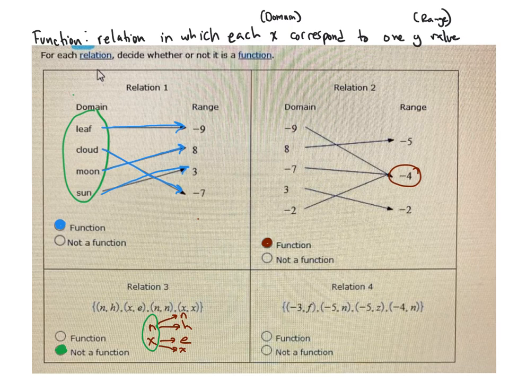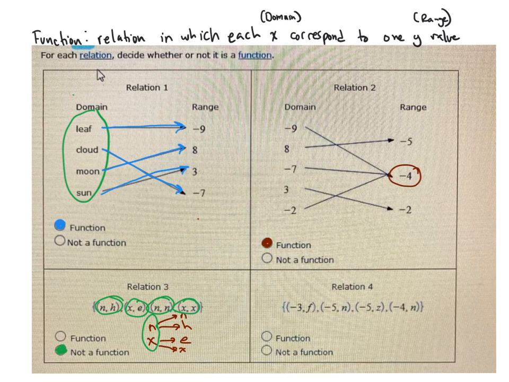That's a problem. So N goes to H and N, that's not allowed. And X going to E and X going to two different values, that's not allowed, so that one's not a function. So really, if you have repeated x values, you have to have the same y value or it's not a function.